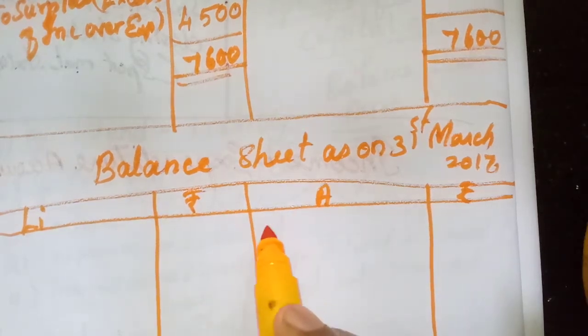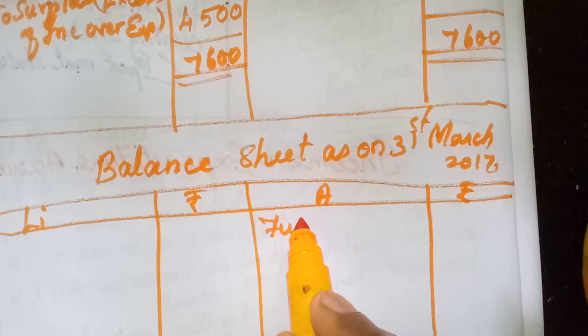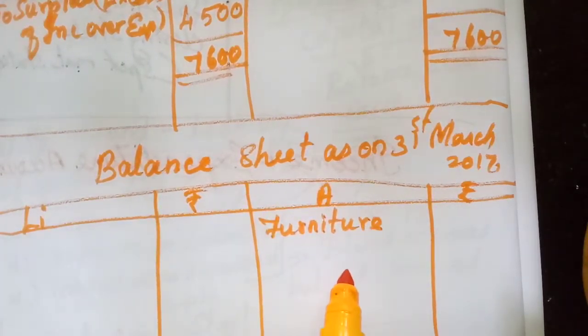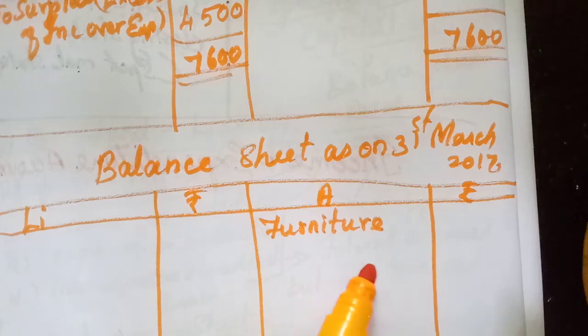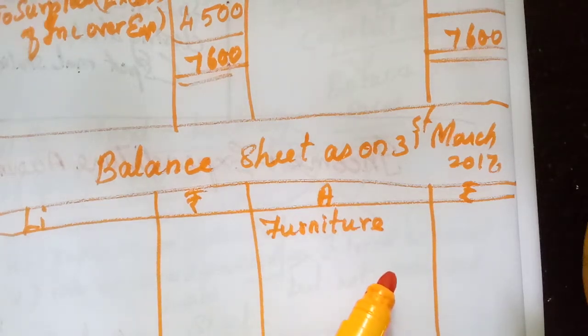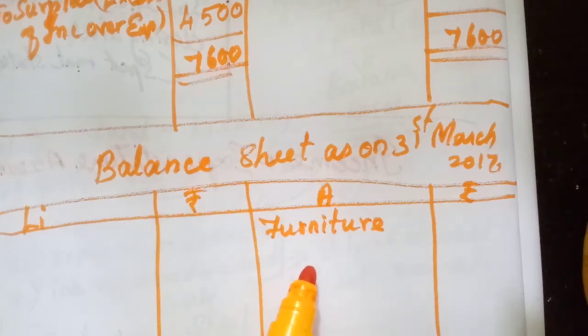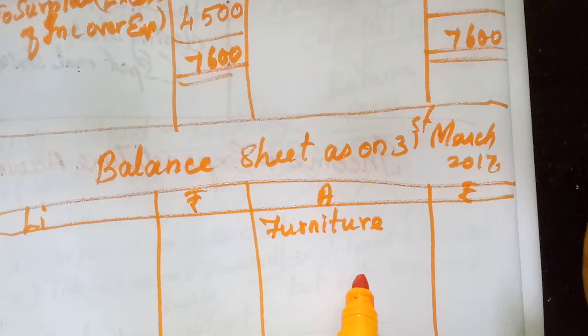Furniture, furniture we can write. Or in order also you can write cash in hand, cash at bank. Otherwise in the same way what is given, otherwise you will leave some of the items. So you start doing from the beginning. Furniture 7,000. Any adjustment there? Ignore depreciation.